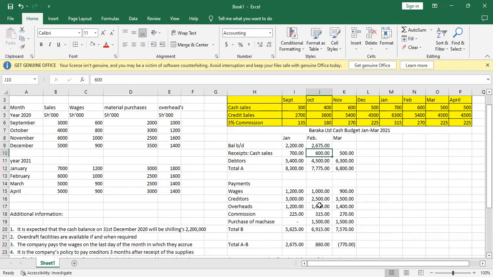So again, we work through. So you can see we are getting, let me bolden these figures, a surplus balance in the month of February.